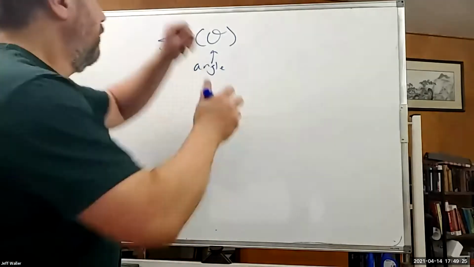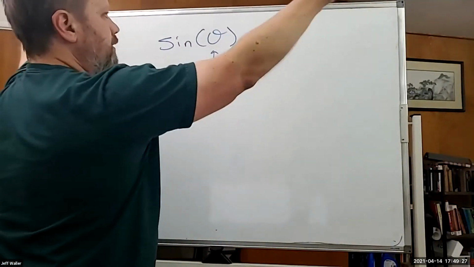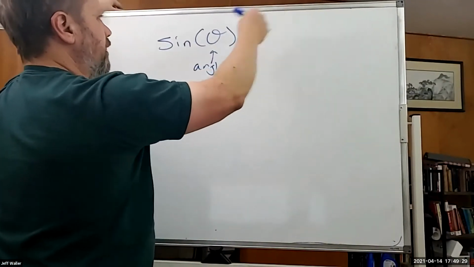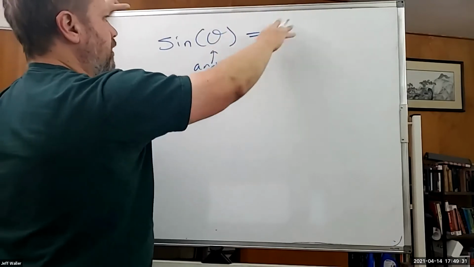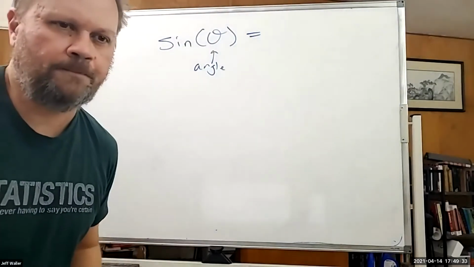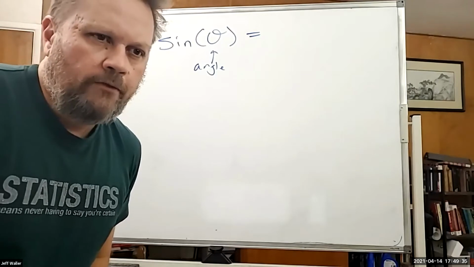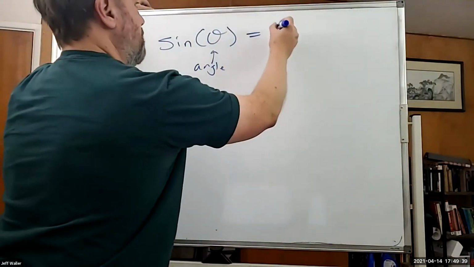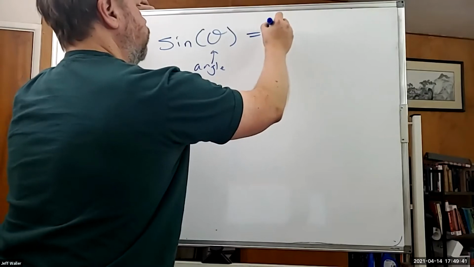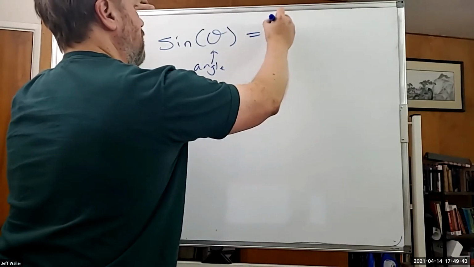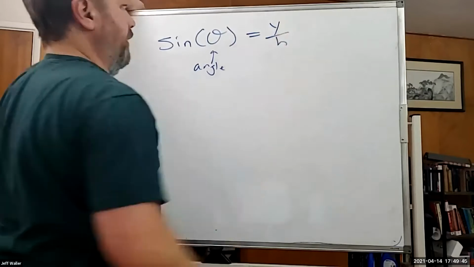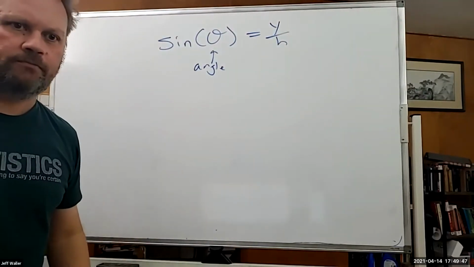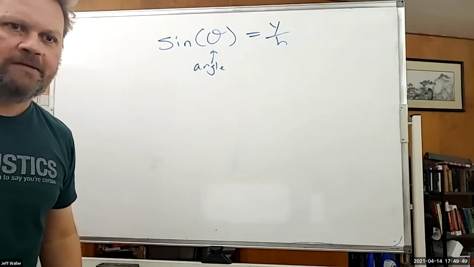And what comes out is just the ratio of the sides of a triangle with an angle in it, something from -1 to 1, right? Everybody with me? So let's just call it this.